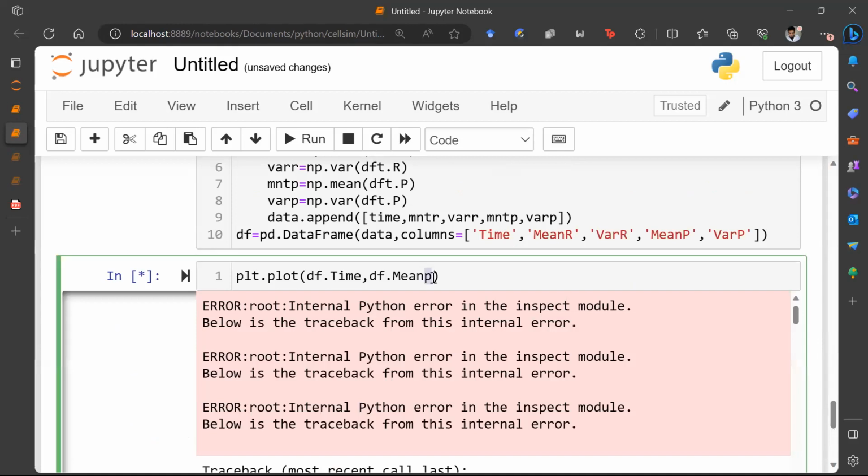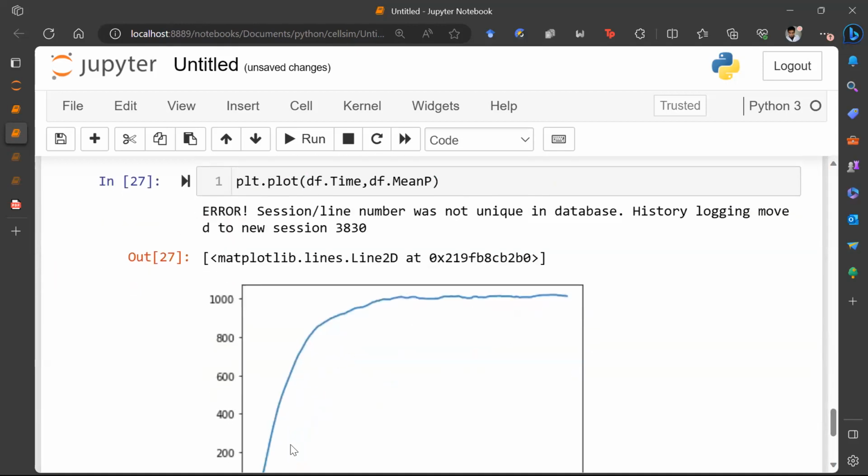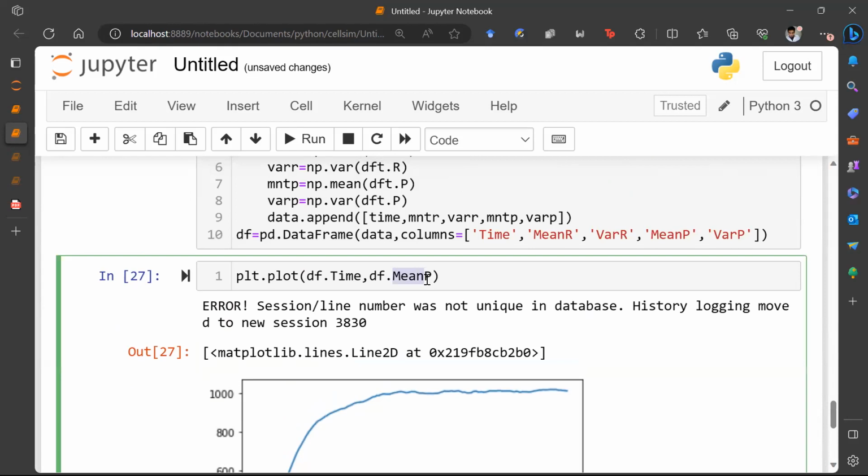The mean P stabilizes over 1,000. And the variance of P, that is the one that we are interested in.